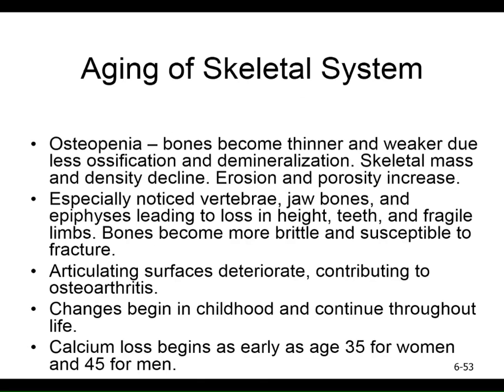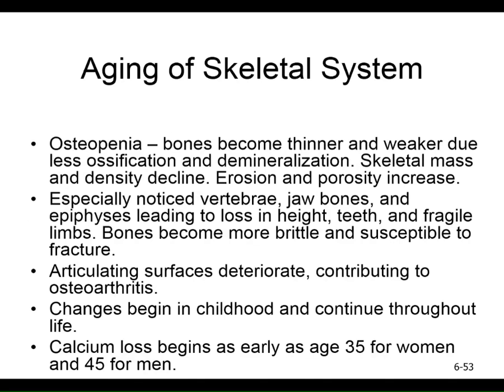Now, where this erosion and changing of the bones is most dramatic is in the vertebra, right? People get a little bit shorter with age. The body of the vertebra and the little intervertebral disc get a little bit thinner. So I know I'm about an inch shorter than I used to be, right? If every one of those discs loses just a little bit, a little millimeter, right? 24 times 1 millimeter, that's 24 millimeters, which is an inch.